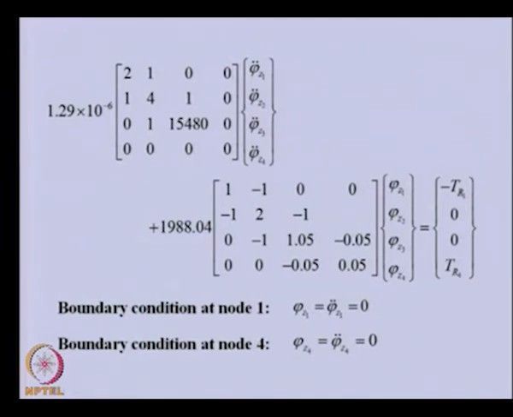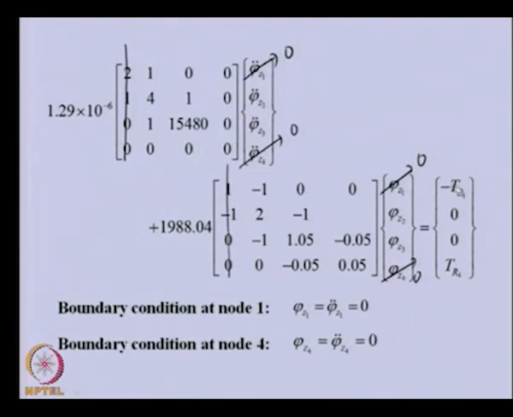Now we can apply the boundary conditions. The boundary condition at node 1 is that the displacement is 0, and at node 4, the other end of the spring, the displacement is also 0. So we can put this equal to 0, this equal to 0, this equal to 0, this equal to 0. Once we have these as 0, they multiply with the first row, so they will not contribute anything.